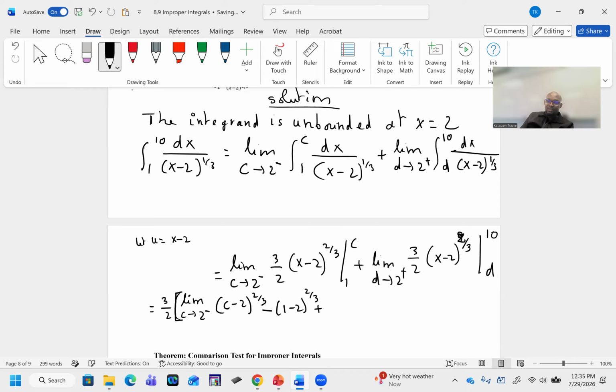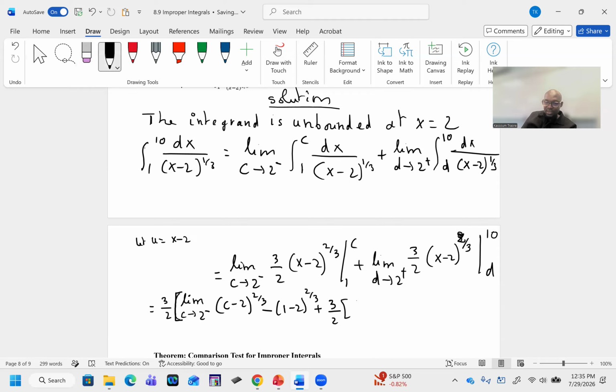plus, again we factor 3 divided by 2, the limit as d approaches 2 from the right. Hold on, that will come at the end. We will substitute 10 first.